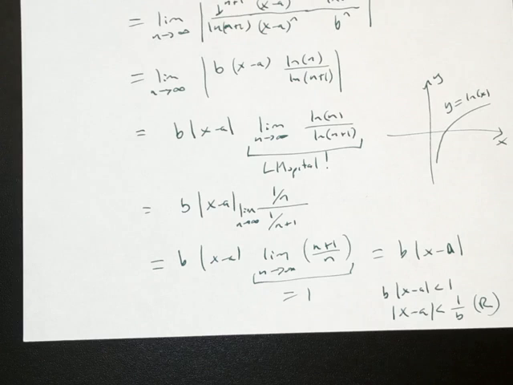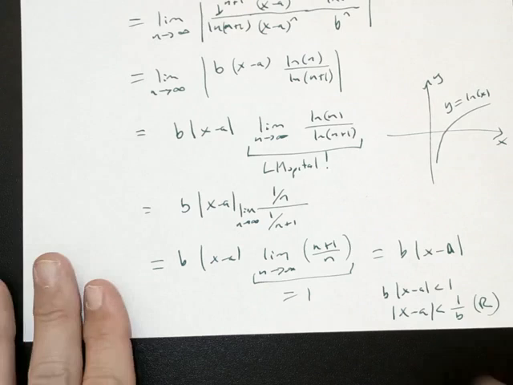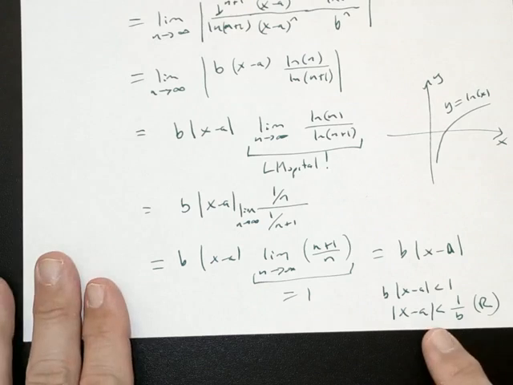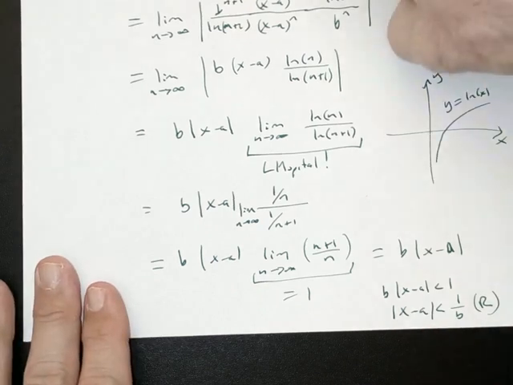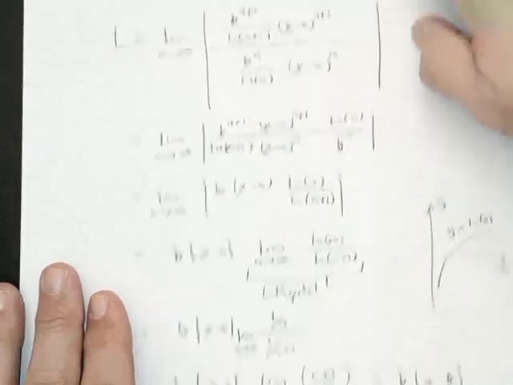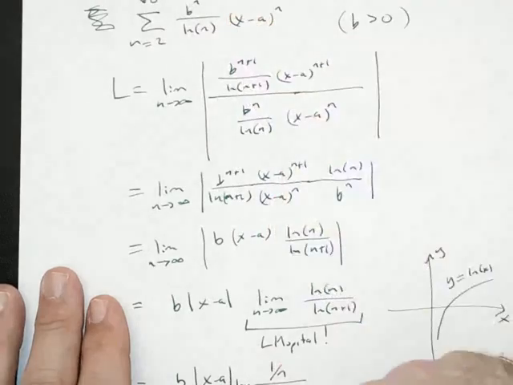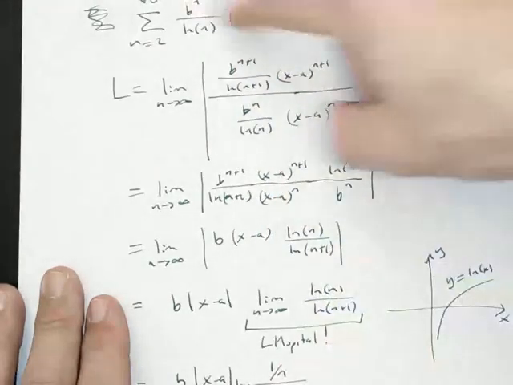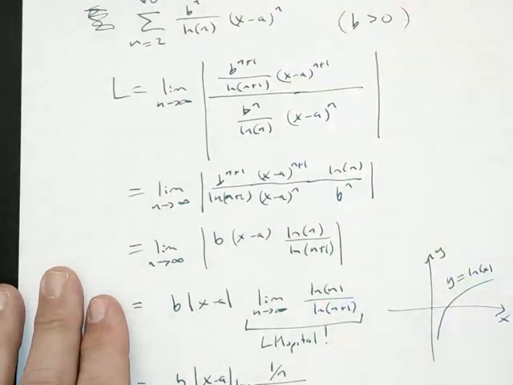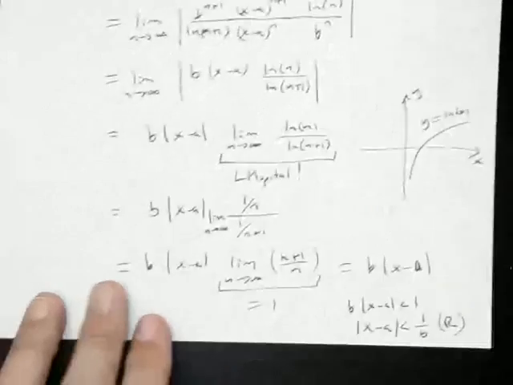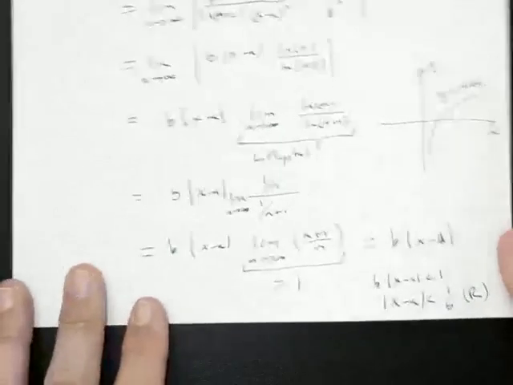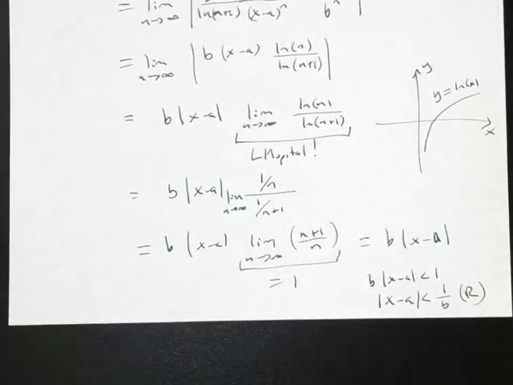Yeah, so I would have to check the edges. If I put in 1 over b, then this is going to be a 1 over b to the n way back at the beginning, and those will cancel. If I put in minus 1 over b, then this will be a negative 1 to the n, and I can use the alternating series test. So I'll have to check the edges separately from the rest of this, but now at least I know the radius of convergence.